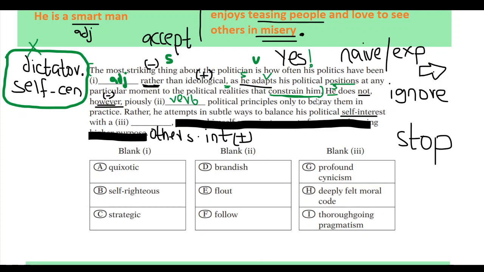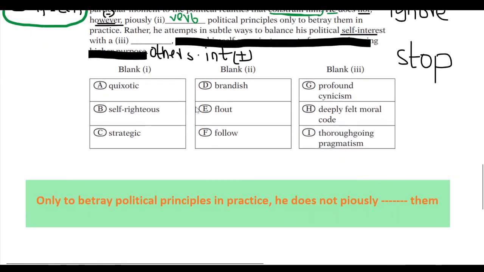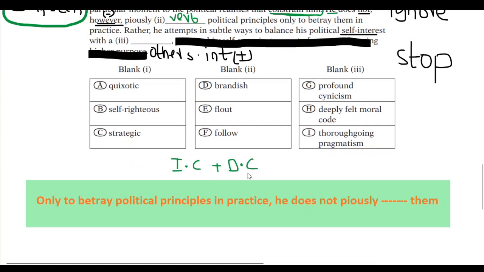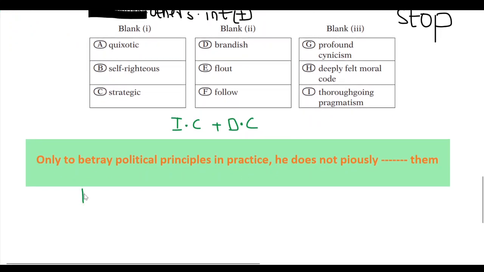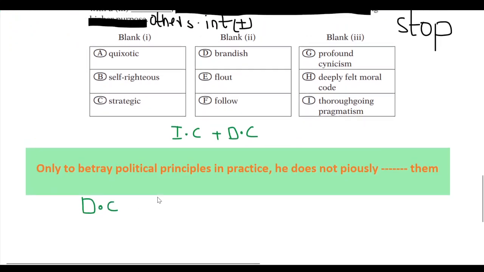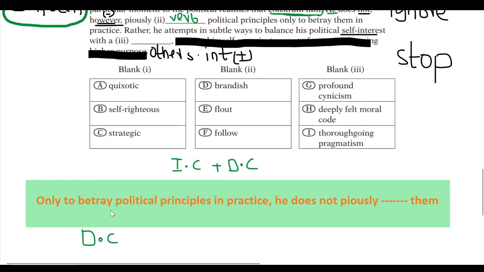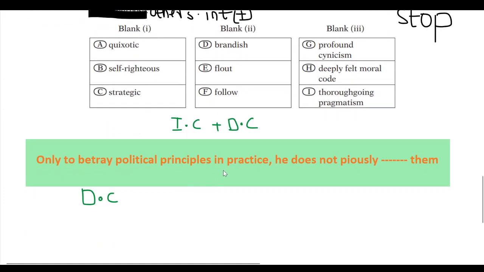So this is a somewhat complicated sentence structure. I'm going to use my structural analysis ability to decipher this. In the original sentence, it is written in the form of an IC and then a DC. However, I've flipped the order to make it easy for you. I've written the DC first, which is only to betray political principles in practice.